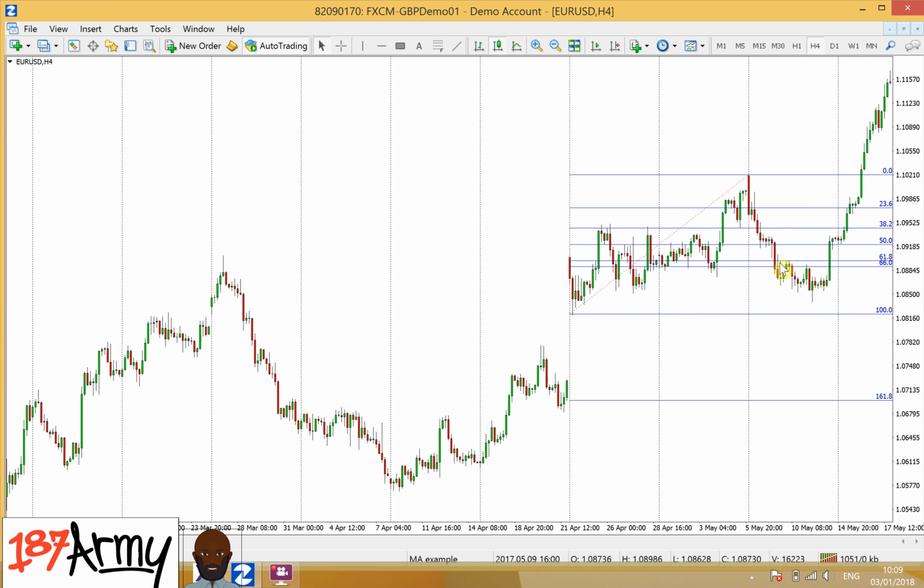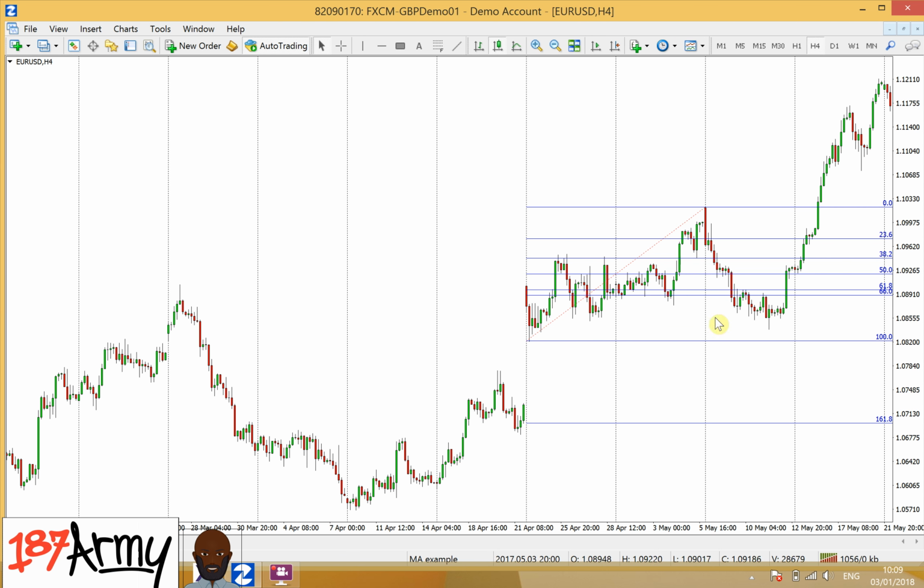But as you can see, price went below the 66.0 level, and if you followed Fibonacci on its own, then according to those rules, you would no longer be in an uptrend. So that's where Fibonacci doesn't always help. So we'll delete this one.